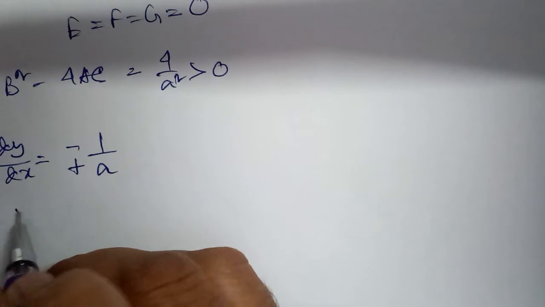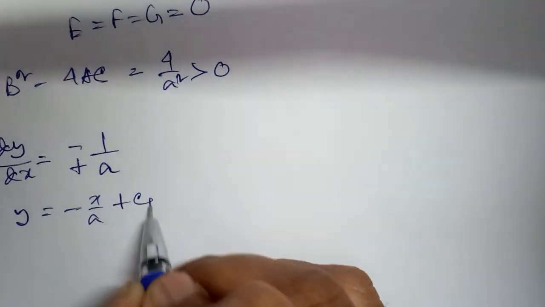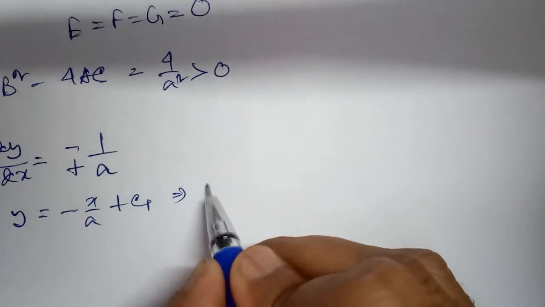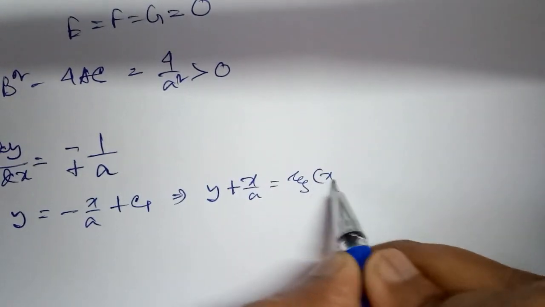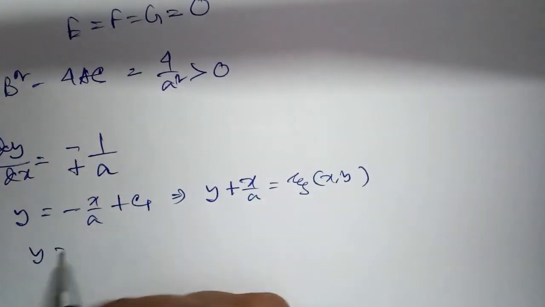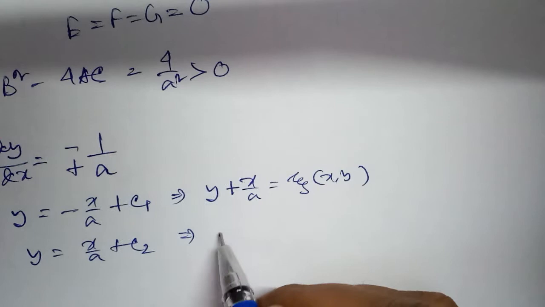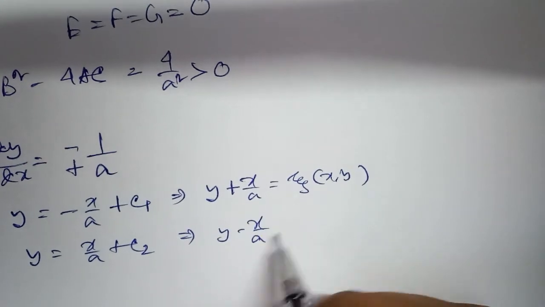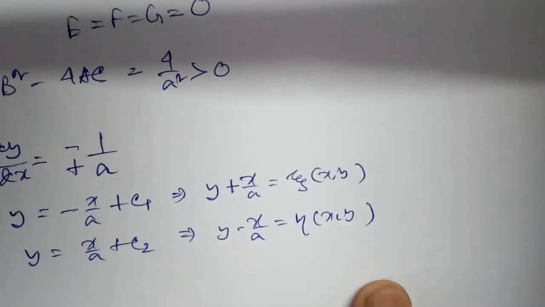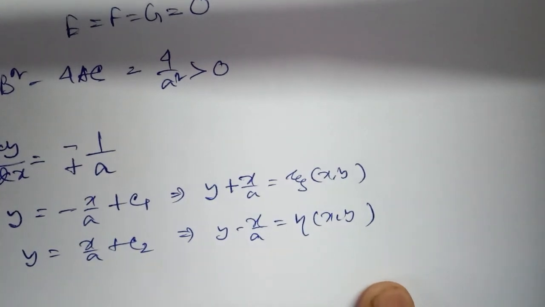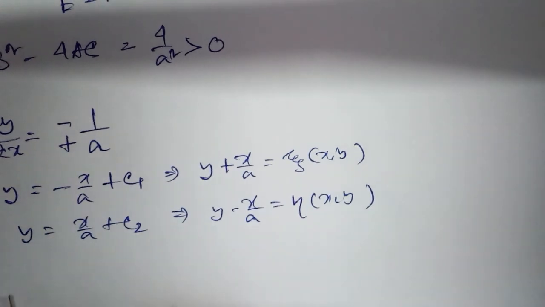So we have y is equal to minus x over a plus c1, that is y plus x over a is equal to xi, and y is equal to x over a plus c2, that is y minus x over a is equal to eta.